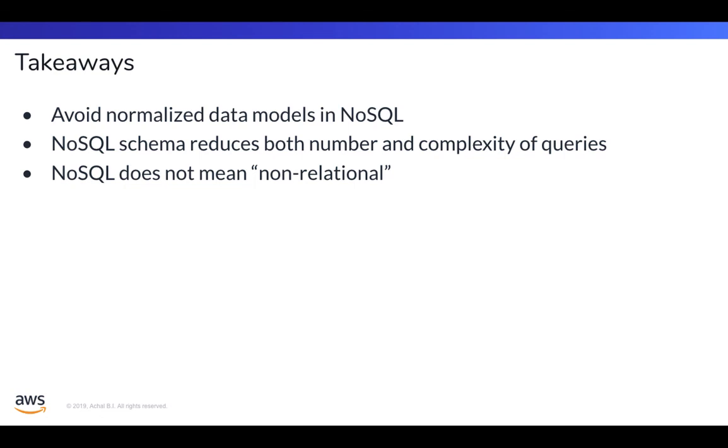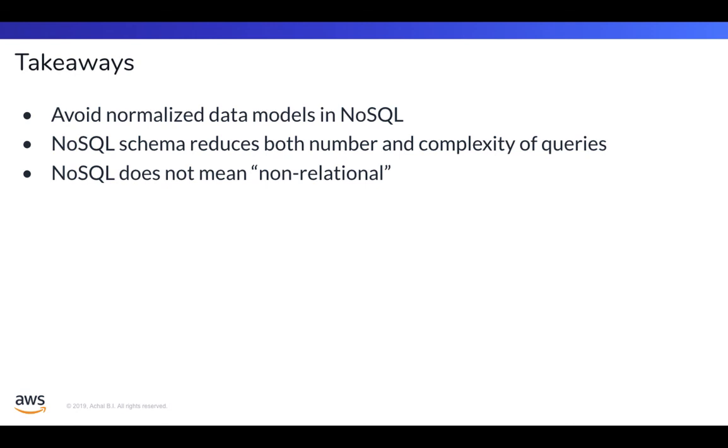So the takeaways are: avoid normalized data models in NoSQL. NoSQL schema reduces both the number and complexity of queries, and NoSQL does not mean non-relational. There is a relationship built inside NoSQL, a hierarchical relationship.